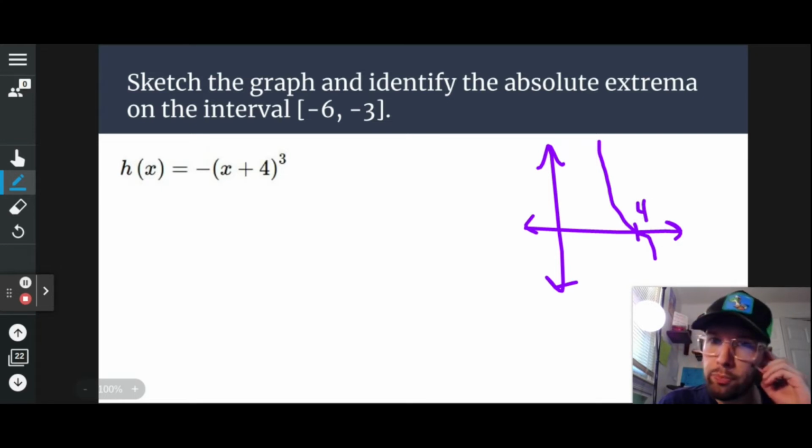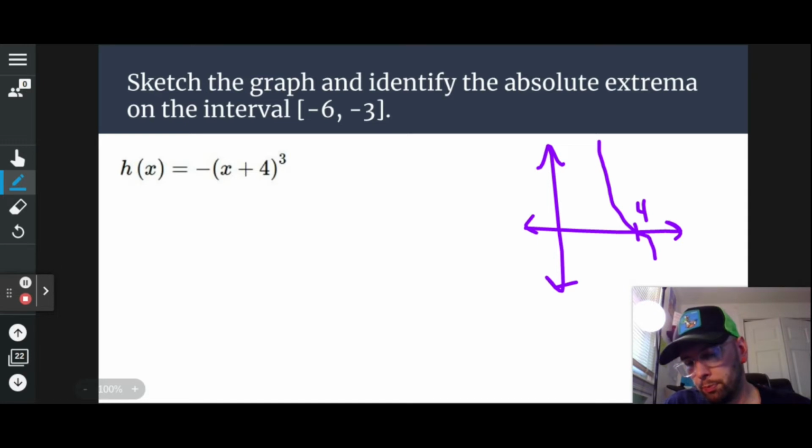That's 4. Oh, it's x plus 4 cubed. That's why that didn't look right.